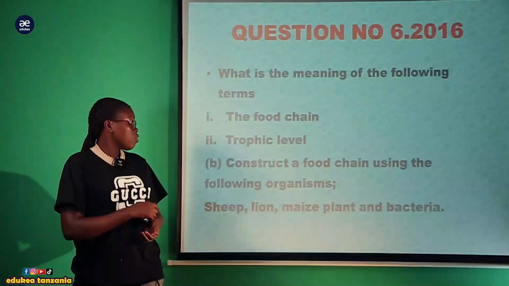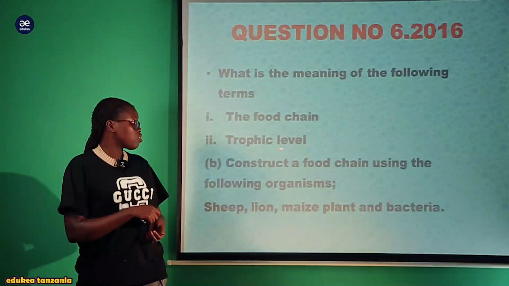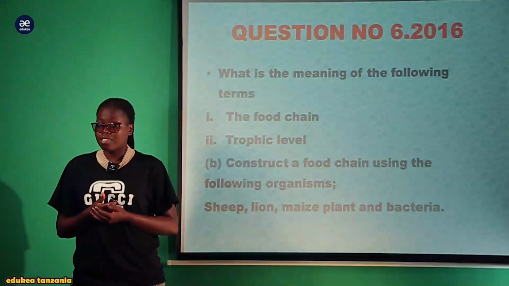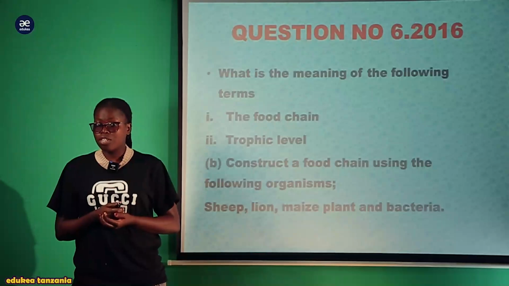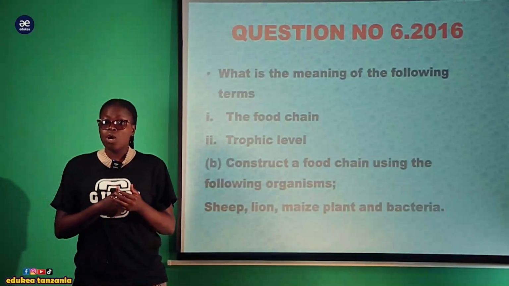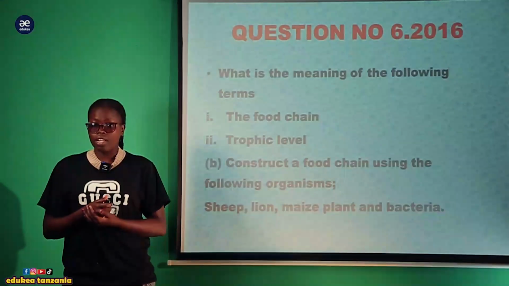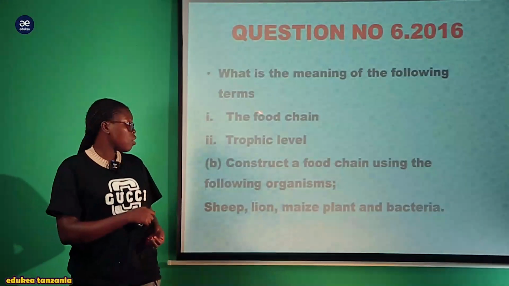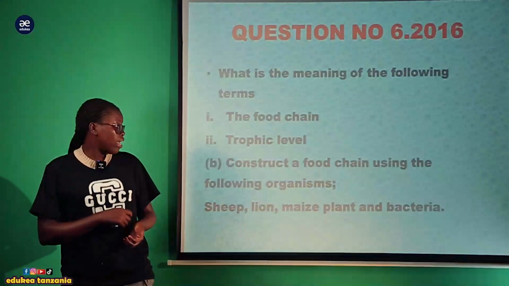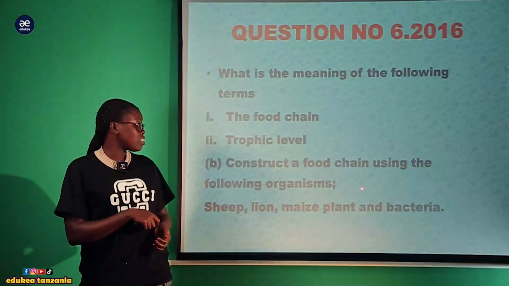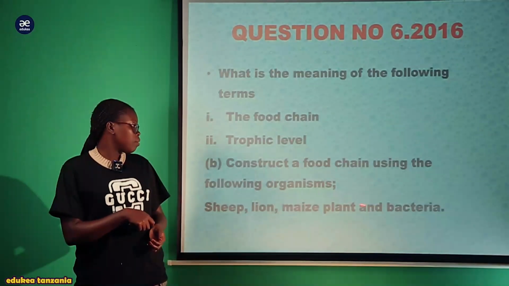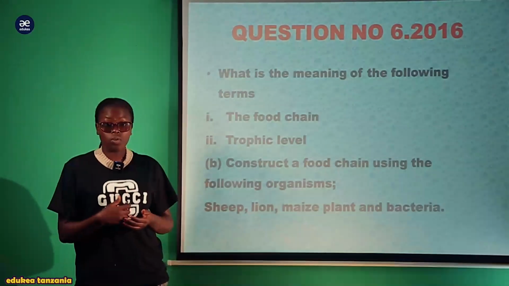So the food chain and trophic level are concepts found under the mode of interaction in an ecosystem, where we see how energy flows in an ecosystem. Question (b) needed us to draw the food chain using the given organisms.